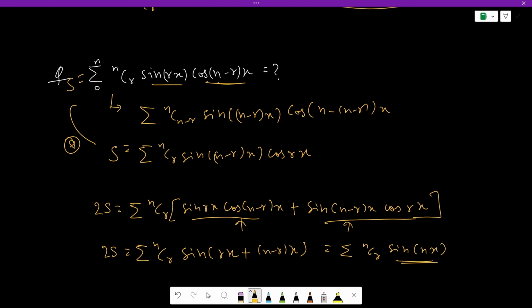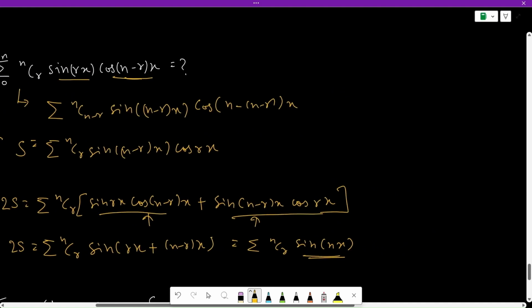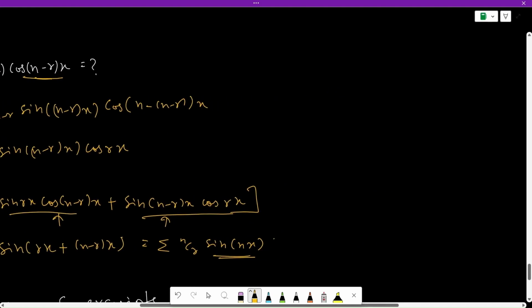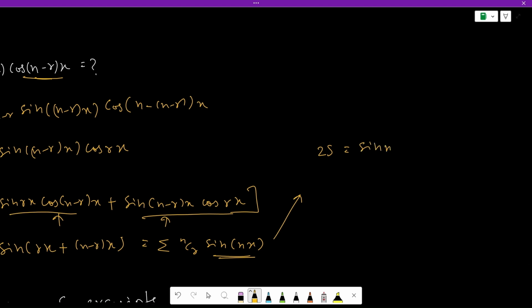Now this is constant, so 2S equals sine nx summation nCr. Now this is 2 to the power n, and S equals 2 to the power n minus 1 sine nx.